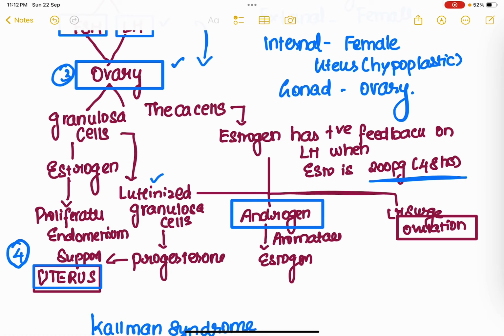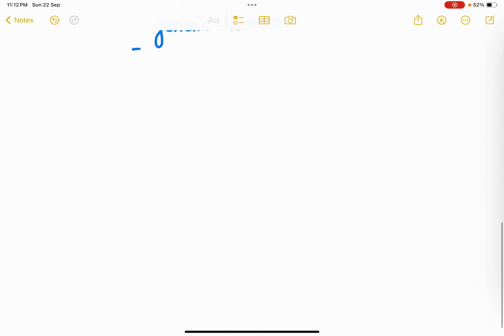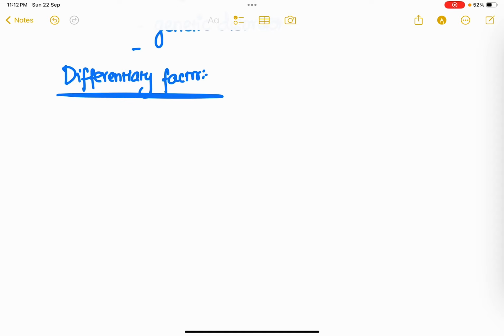Is that clear? Okay. So what is the ideal differentiating factor between Turner syndrome and Kallmann syndrome?